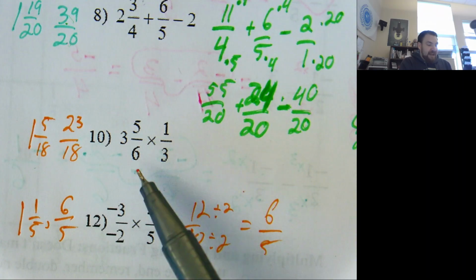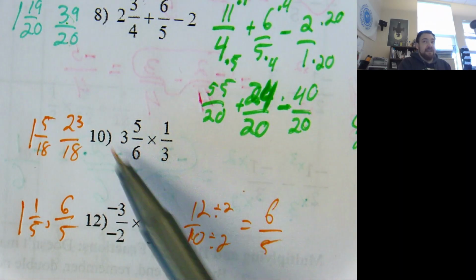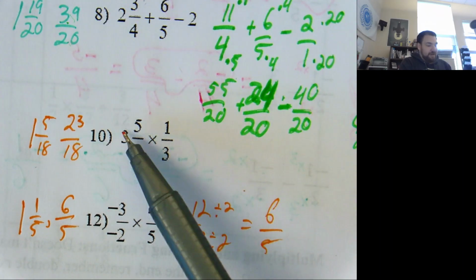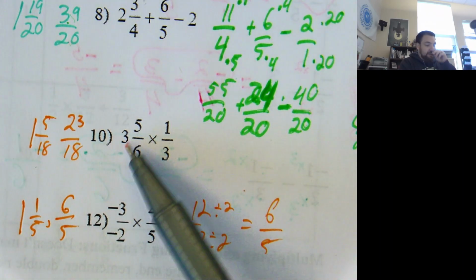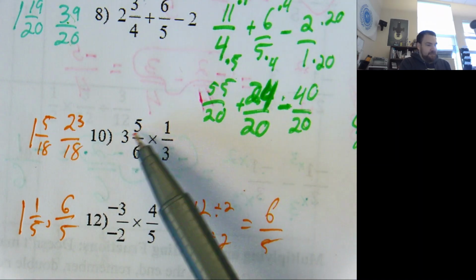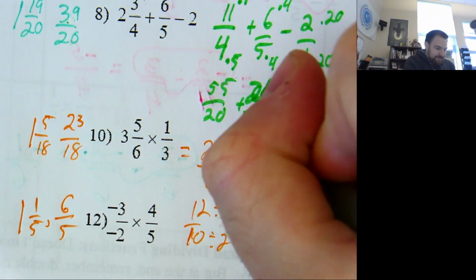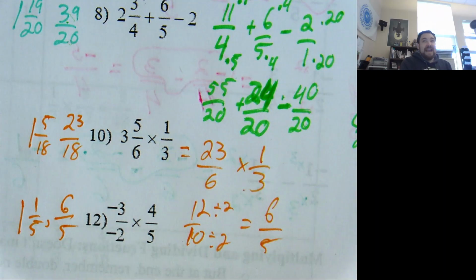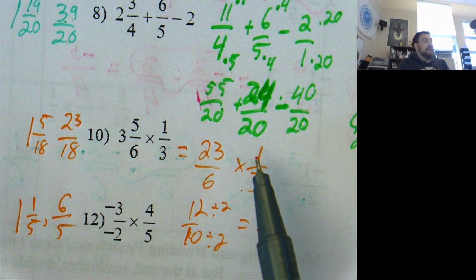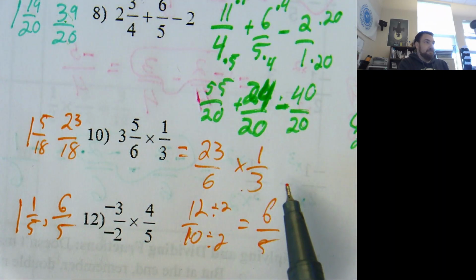So question number 10. First step, mixed to improper. To make this improper, we take the denominator, multiply by the whole number, add that result to the numerator. So 6 times 3 is 18, plus 5 is 23. So this is going to become 23 over 6 times 1 over 3. And now we just multiply across the top. We do not need the common denominator. We just multiply across the top, multiply across the bottom.